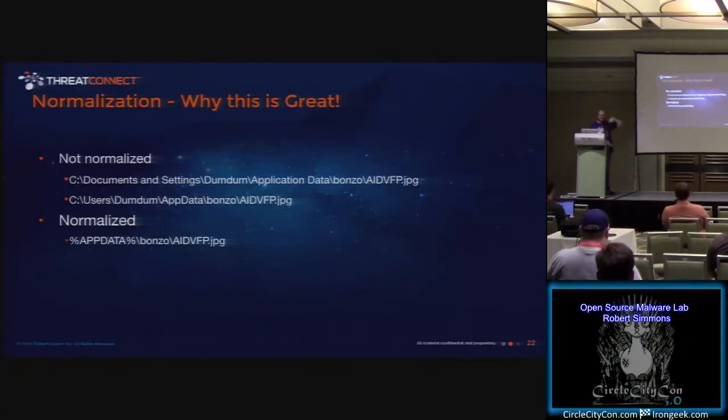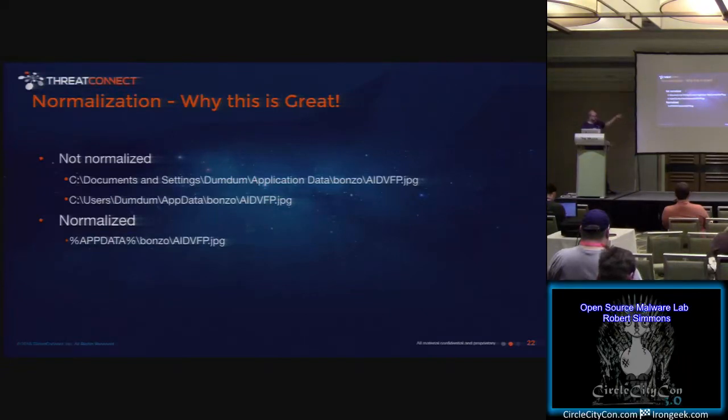So if you're collecting data from your own sandboxes that are running Windows XP, and then I'm also talking with a fellow researcher and his Windows boxes are version 7, Windows 7, we're going to have conflicting data sets that I won't be able to do analysis across the two data sets because the paths are going to be different.